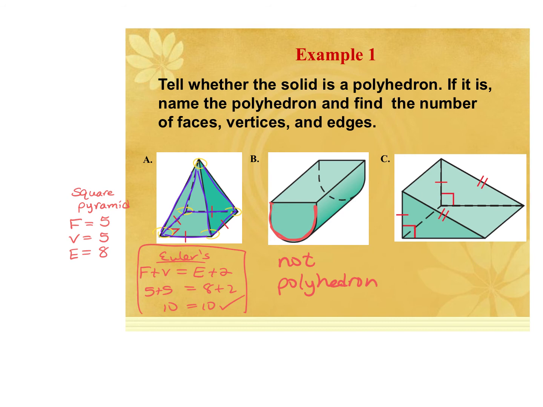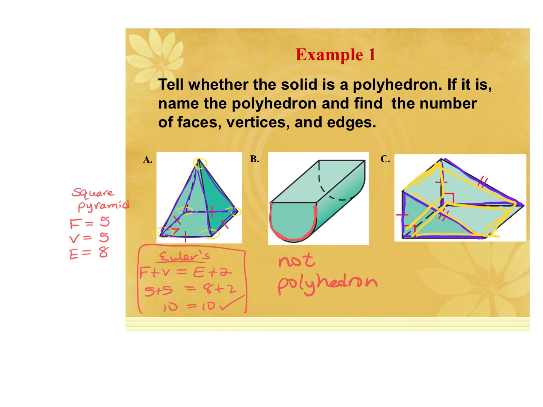It is not sitting on its base, but the shape that you have two congruent figures for are these triangles. So you have two congruent triangles, but then you also have three parallelogram lateral faces.